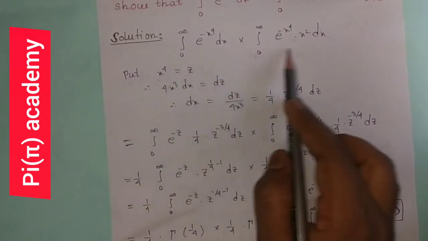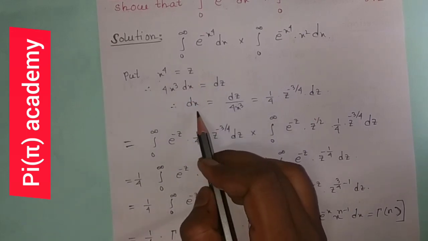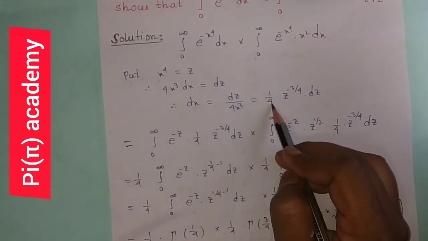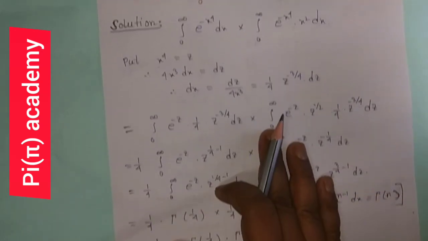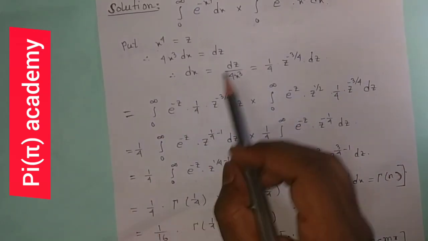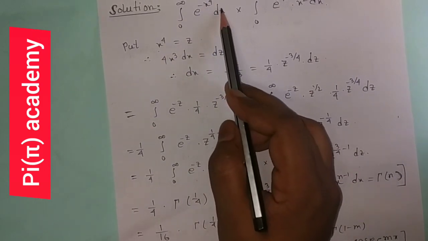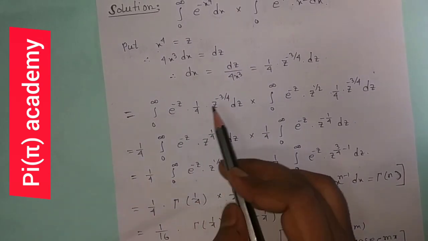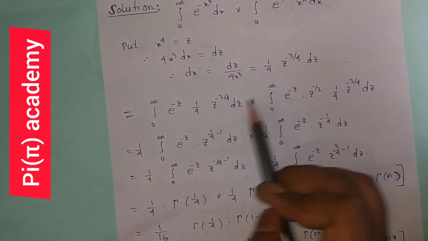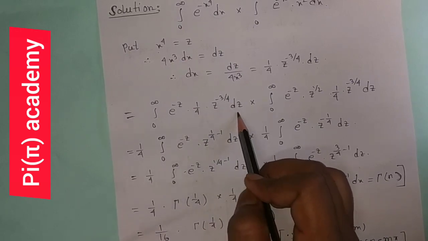In this integration we put x to the power 4 equal to z. Therefore dx equals 1 by 4 into z to the power minus 3/4 into dz, and now putting the values of x to the power 4 and dx, we get e to the power minus z, and the value of dx is this, therefore 1 by 4 into z to the power minus 3/4 into dz.